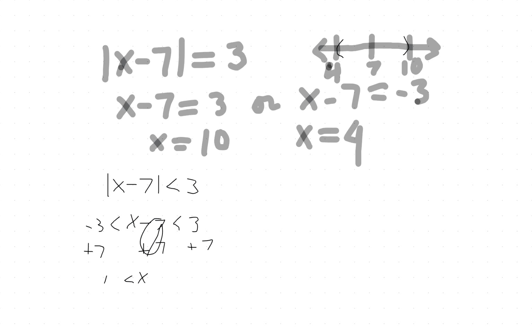And then finally, if the distance between x and 7 were greater than 3, we would expect to have our numbers going out to infinity to the right and to the left.